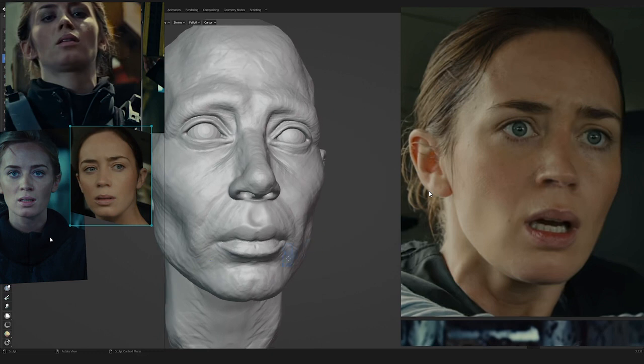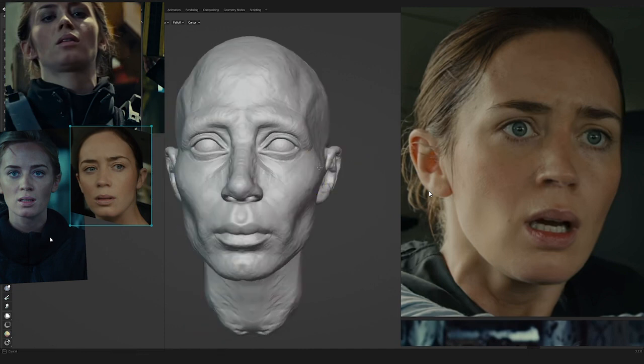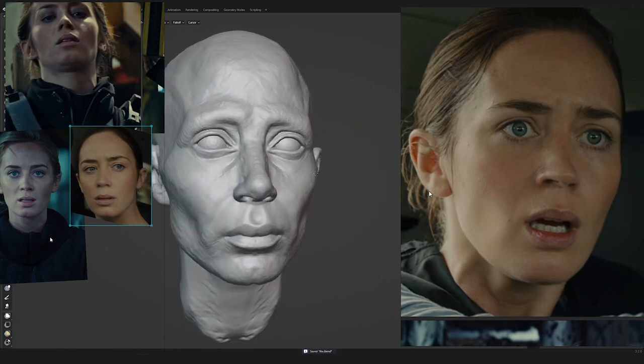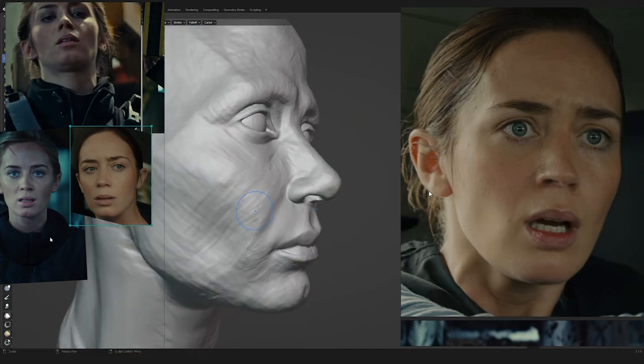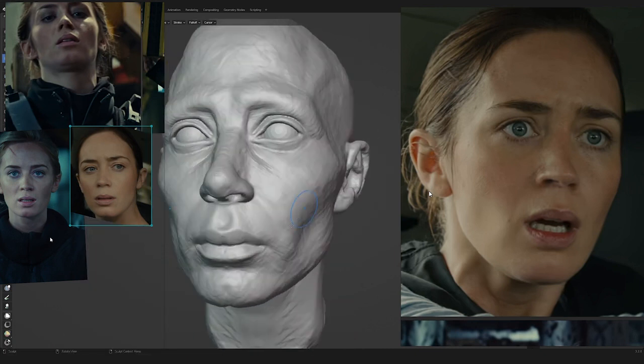But I don't find that my sculpts are necessarily better if I stick to only one focal length. And in fact, having a focal length that is slightly shorter in this particular case, especially since we're within Blender, makes it so that as we zoom out of the head, the perspective flattens, which in turn allows us to see our head at different focal lengths.